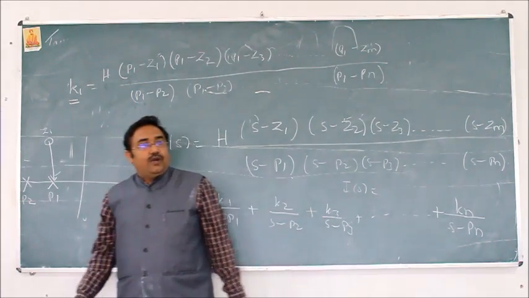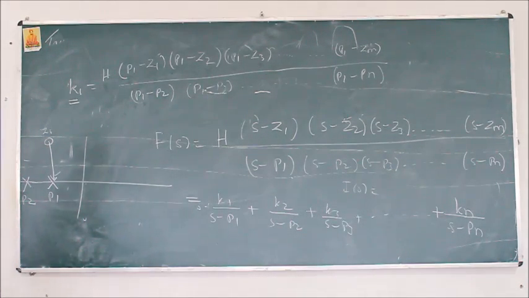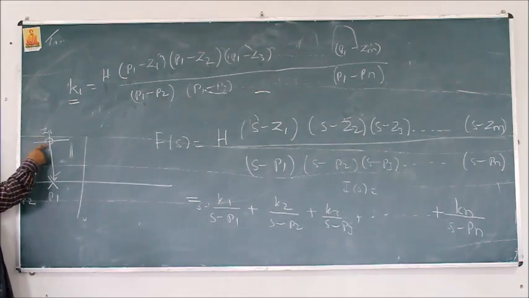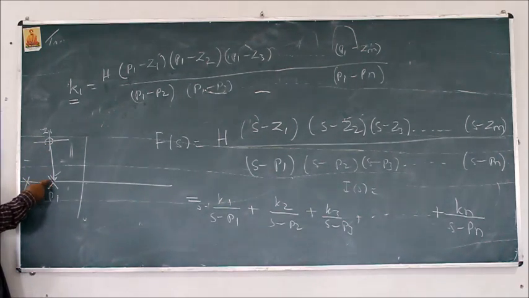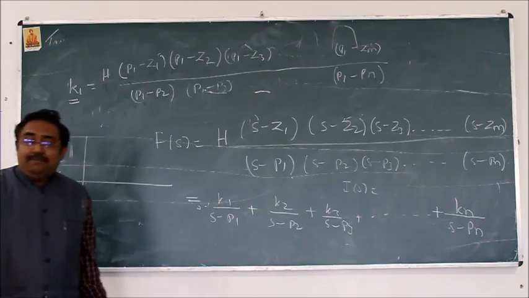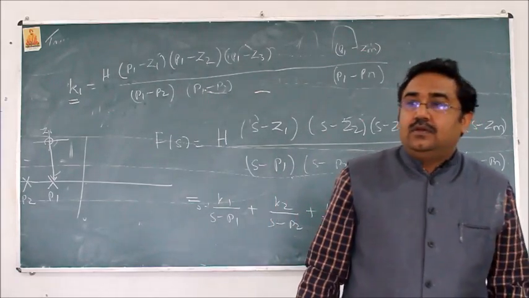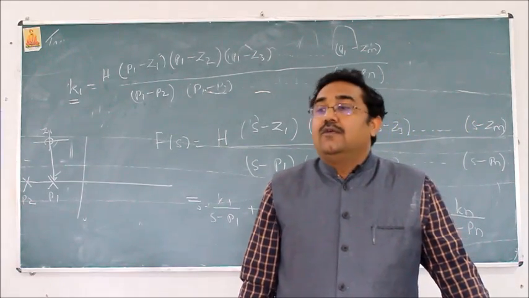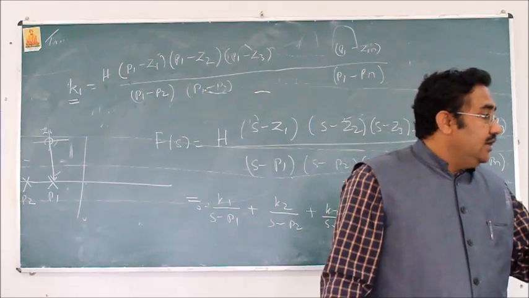And what will be the angle? The angle will be drawn by taking the reference as this zero, not this pole of concern. Okay, so it is drawing some angle. How do you define angle in mathematics? Positive angle is the angle drawn from the positive x-axis in the anti-clockwise direction. Is it clear?